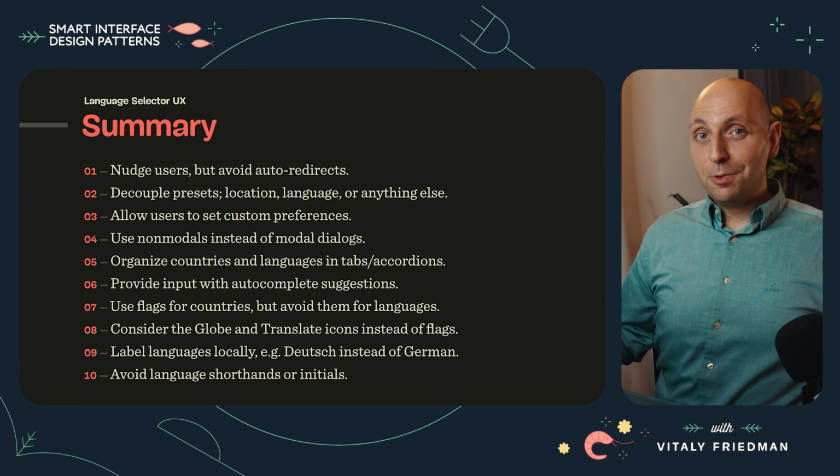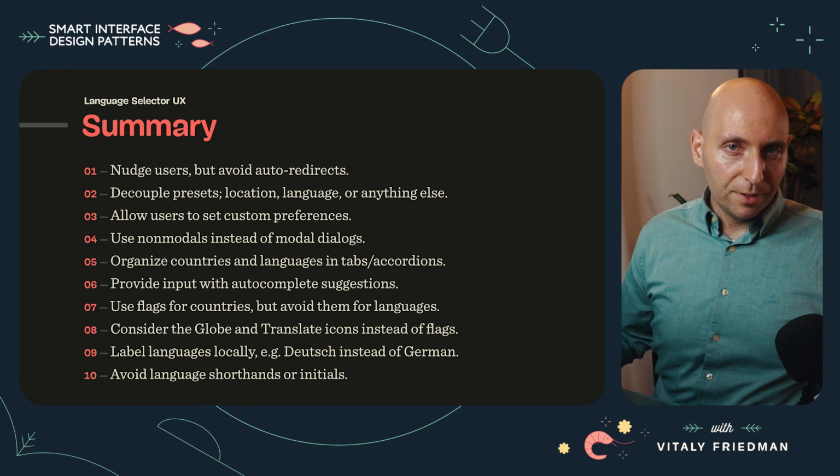Well, when we look into a language selector, it seems a little bit daunting at first, but once we know a few rules here and there, we're probably going to design a pretty decent one. The most important thing about all of this, though, is that users need to have choice. We cannot infer what users' intent is based on their browser locale or based on their location. There are many, many different scenarios, be it a VPN, be it somebody who wants to just buy gifts and deliver them to somebody in the US, right?